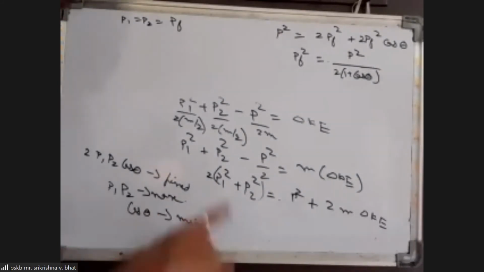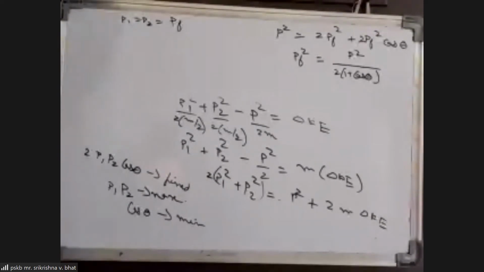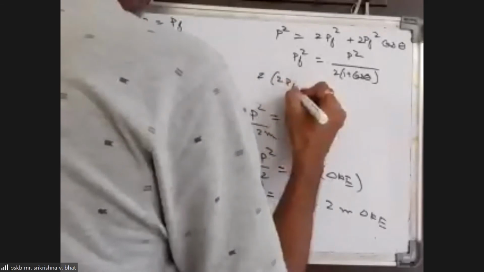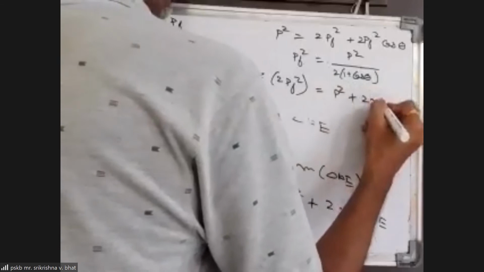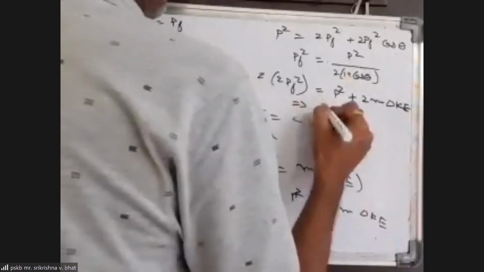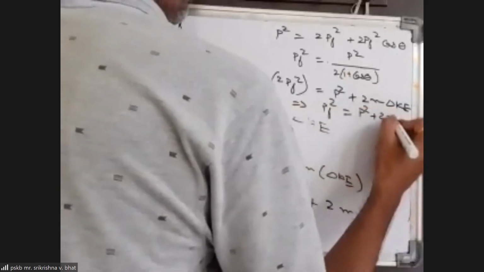And we have one more equation here. This equation also we can use. Here we have 2p, and this gives you 2 times 2PF square, which is equal to p square plus 2m delta k. So this gives you PF square equal to p square plus 2m delta k by 4.